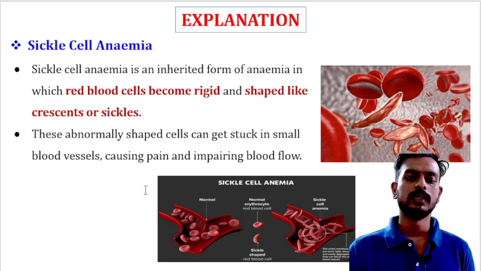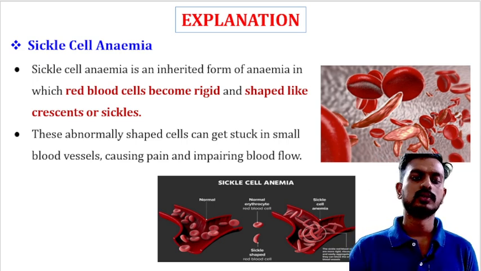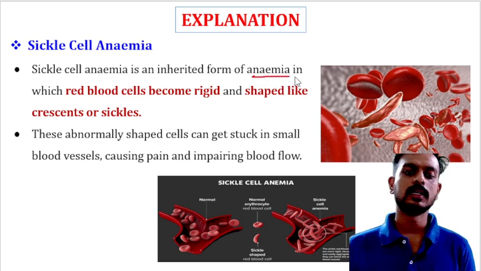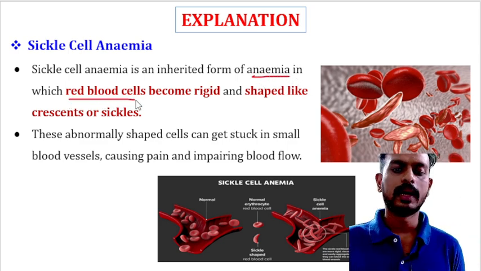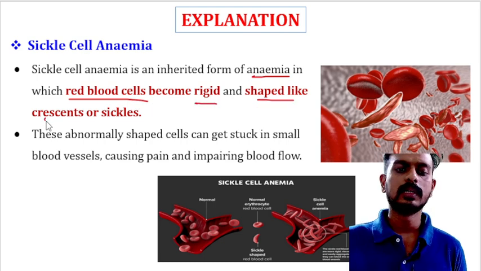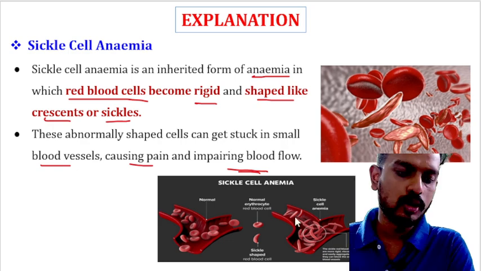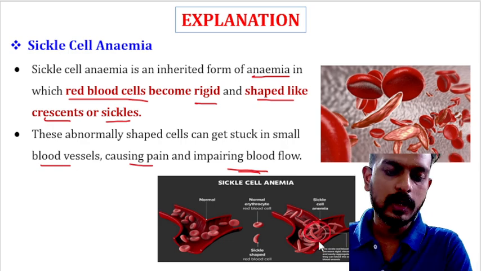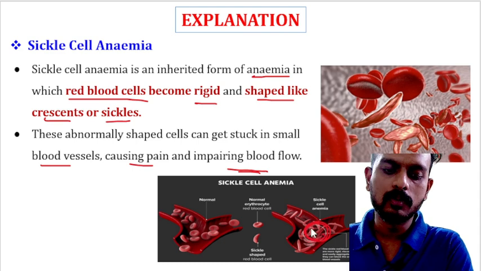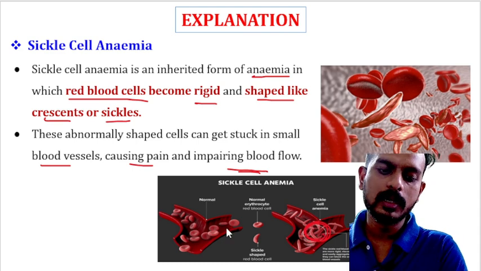Sickle cell anemia is an inherited form of anemia in which RBCs become rigid and shaped like a sickle. These abnormally shaped cells can get stuck in small blood vessels, causing pain and impairing blood flow. They accumulate and prevent blood flow, which leads to pain in the bones and other regions.